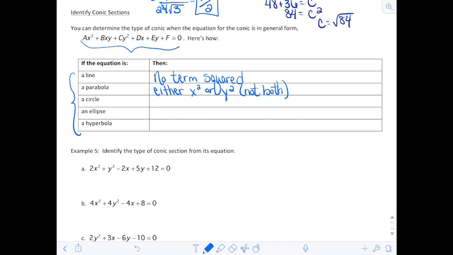For a circle, you're going to have x squared and y squared, for sure. You're going to have the same sign for both of those coefficients. So x squared and y squared will have the same sign, and they will have the same coefficients.